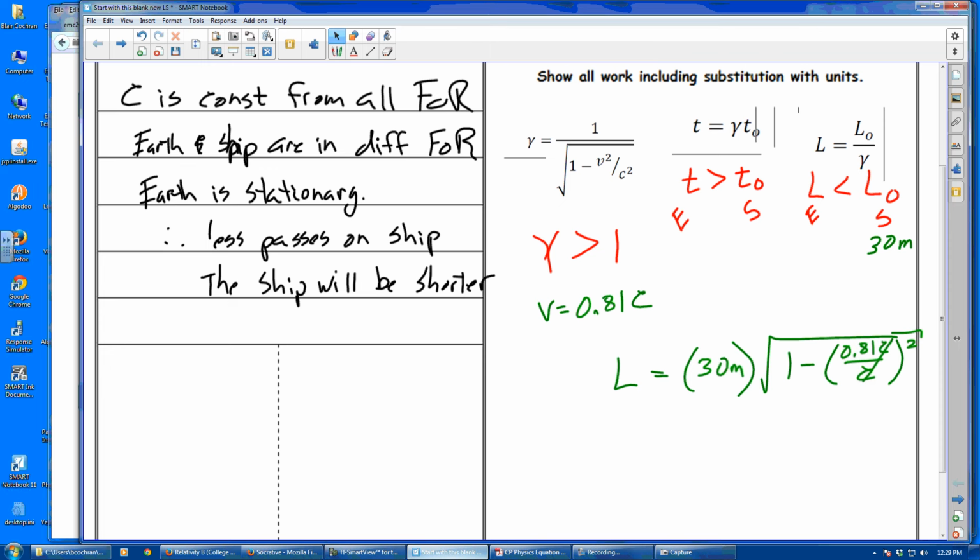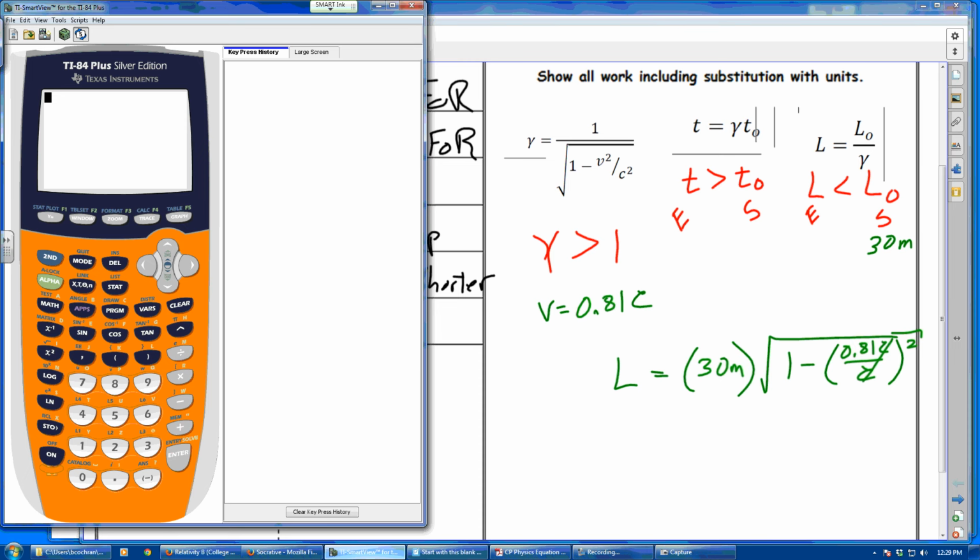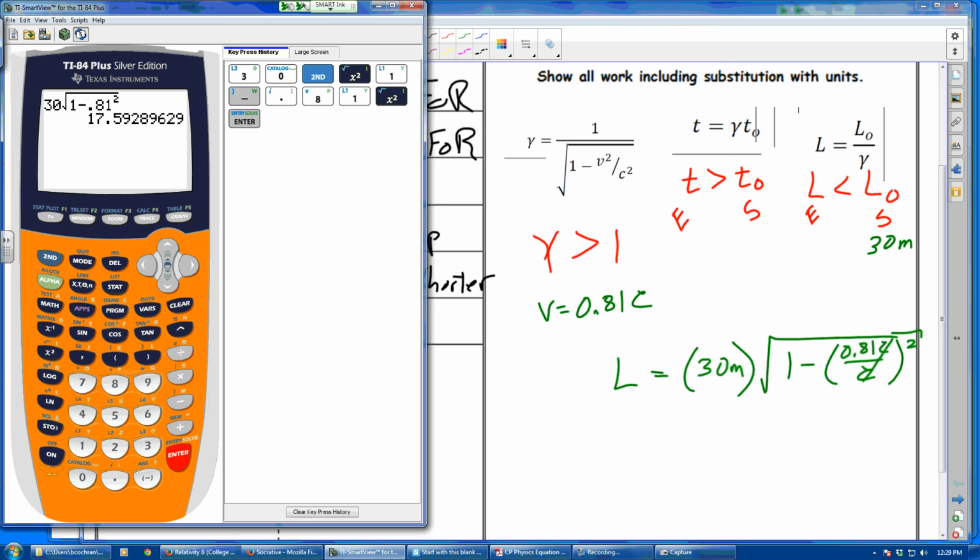So let's grab my calculator and put in 30 times the square root of 1 minus 0.81 squared. Enter. Good, I got a little smaller number. That's what I was hoping. So the length of the spaceship as viewed from the Earth would be 17.6 meters.